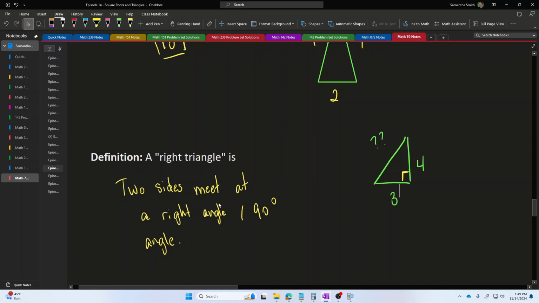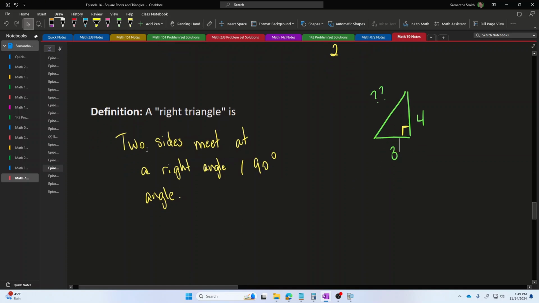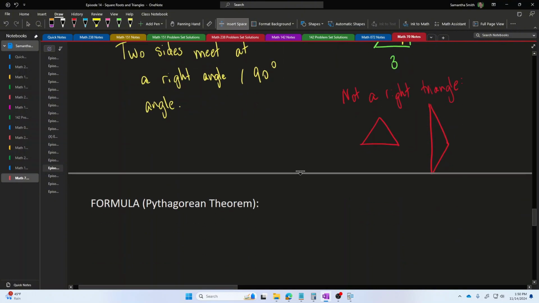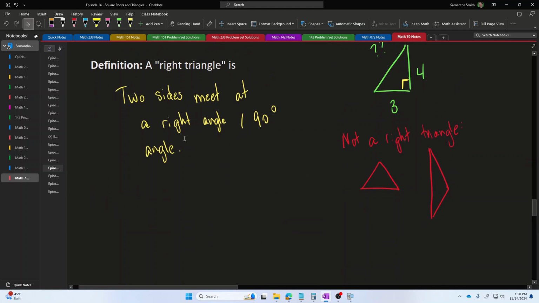If you are dealing with a triangle like this one, where two of the sides meet at a right angle, two of the sides meet at a 90-degree angle, this is a very special kind of triangle, which is called a right triangle. Now, when you are dealing with a right triangle, the two sides that meet at a right angle are called the legs of the triangle.